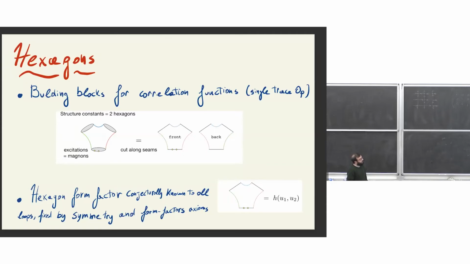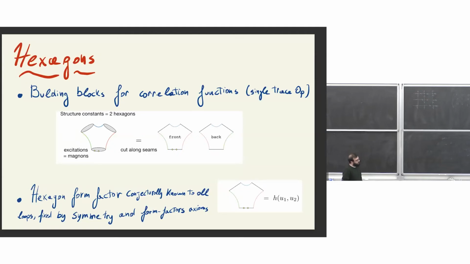And what I need to do then, the complicated part, is how I can generate this object, this hexagon form factor, and how I can then sew it back. So how can I glue all the edges back together to go back to the picture where I could generate the structure constant? So there are two steps.